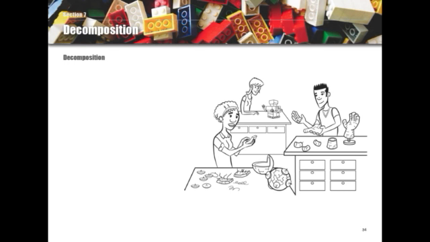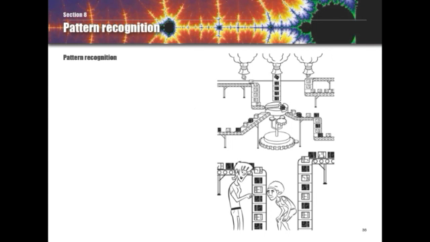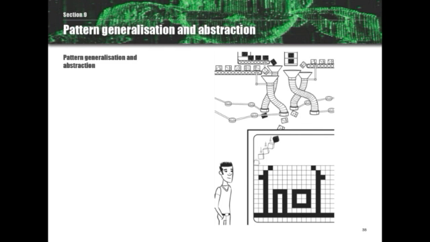Decomposition we've talked about, breaking things down to better understand them. Pattern recognition, looking for various patterns and how they combine, or how problems might be identified where the patterns are showing something that wasn't expected. And then recognizing those patterns and being able to generalize them and abstract them.